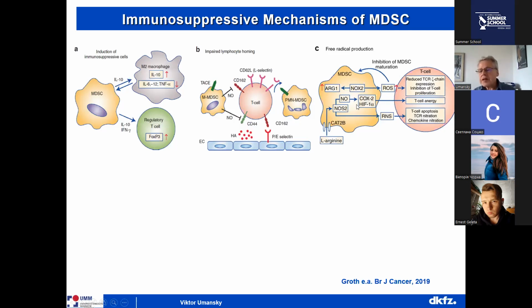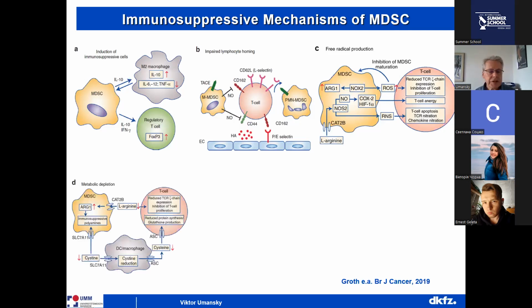Moreover, nitric oxide can also cause alteration of T cell receptors, which actually leads to the inability of T cells to recognize the antigen.